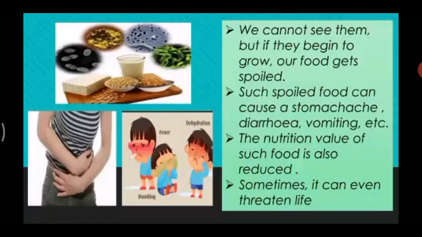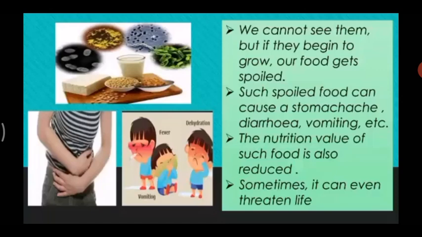We know that fungus had arisen, right? Microorganisms had attacked. We saw how after 2-3 days that fungus started coming on the chapati, right? So we cannot feel the microorganisms, but we can see the fungus with our eyes.